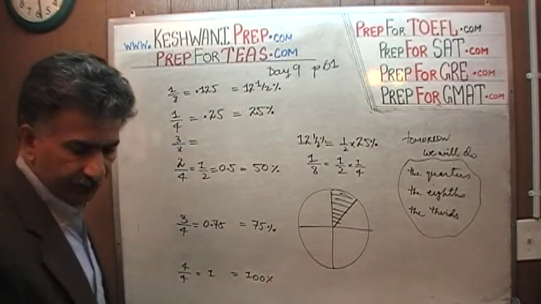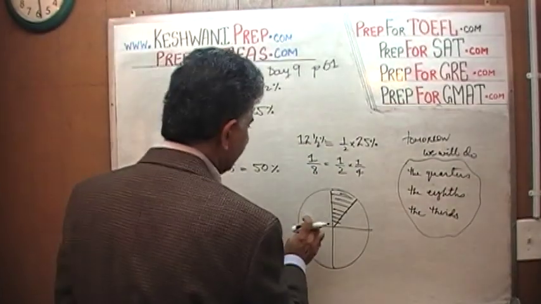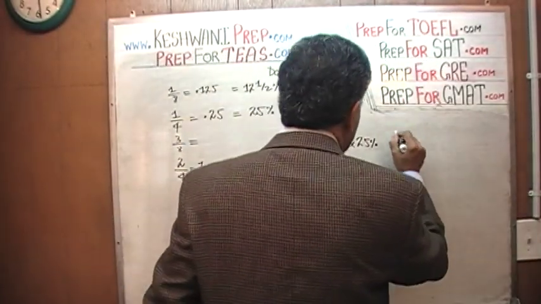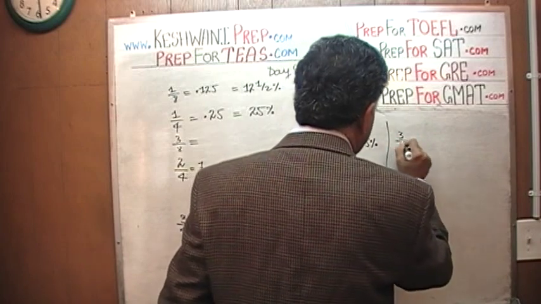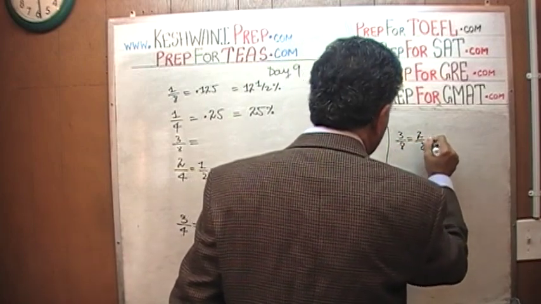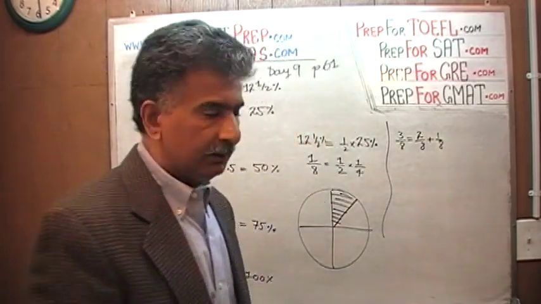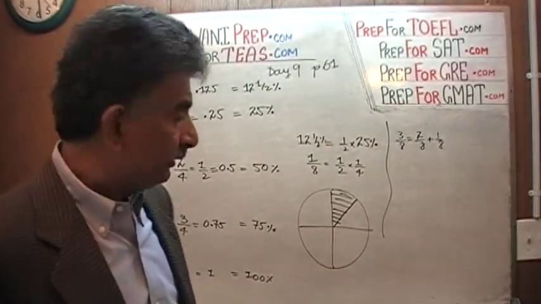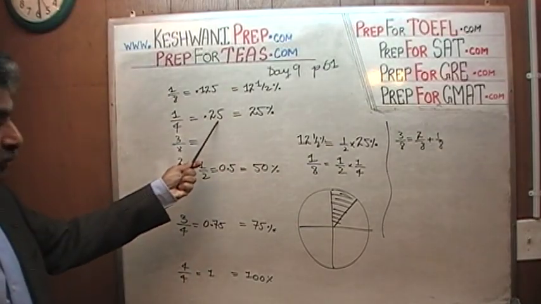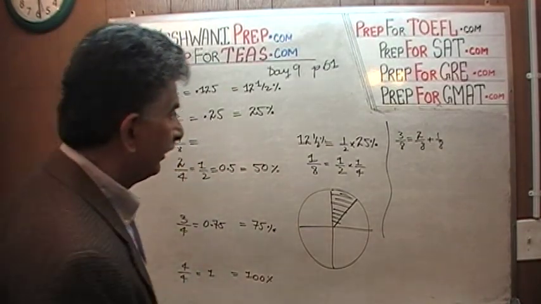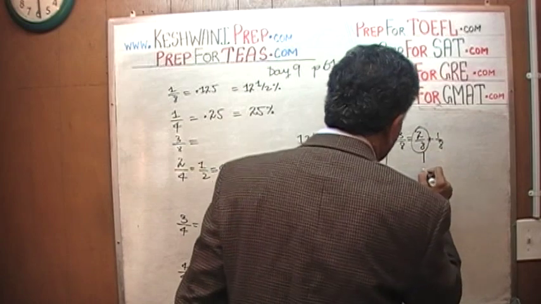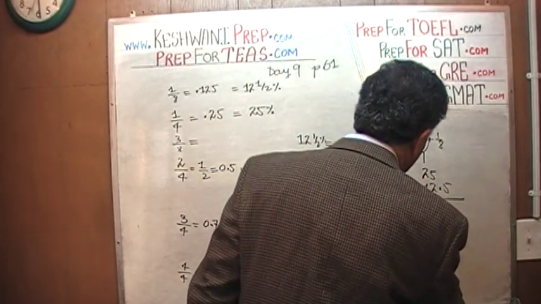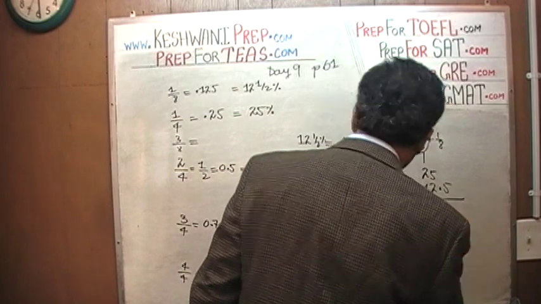What about 3/8? Well, 3/8 is simply 2/8 plus an eighth. 2/8 is a quarter, isn't it? A quarter we already know is 25%. So it's 25% plus 12.5 gives us 37.5%.